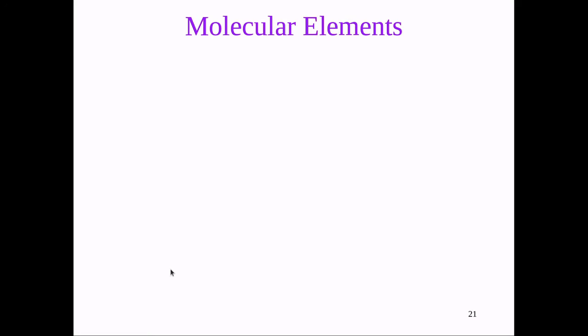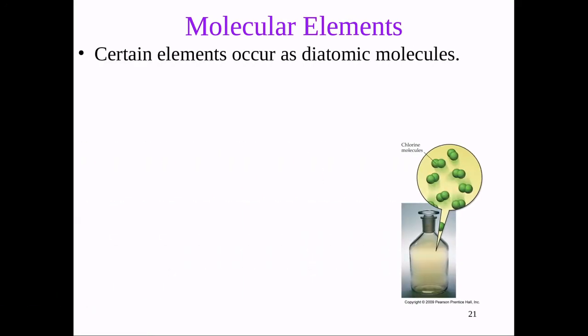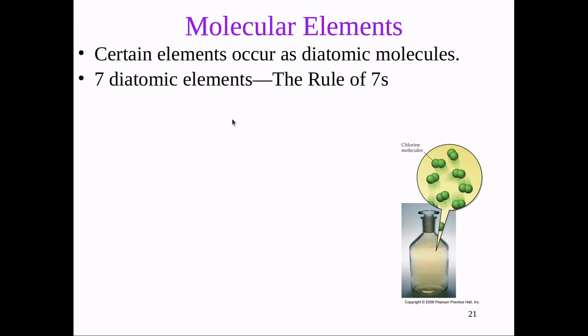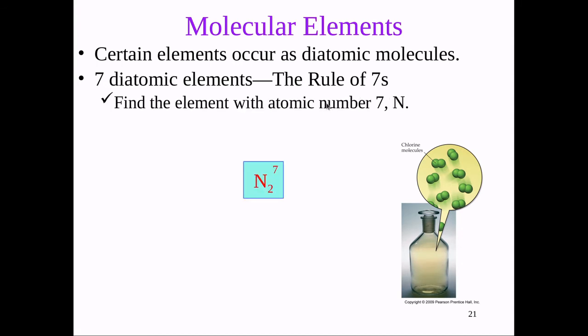So molecular elements. These are certain elements that occur as diatomic molecules usually, where they like to bind to each other and make these little molecules. In order to identify which of the elements are going to want to be diatomics, we have this thing called the rule of sevens. We start by finding the element with the atomic number of 7.